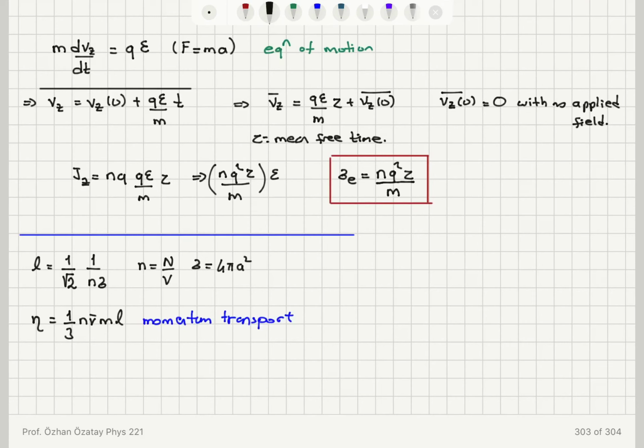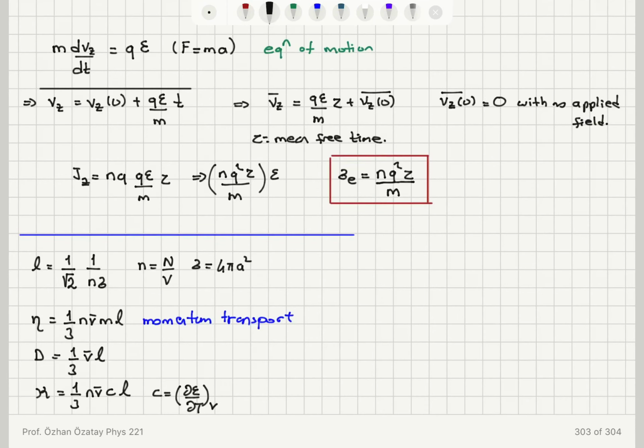And then we talked about the diffusion process. Diffusivity we found to be 1 over 3 v bar L. We talked about thermal conductivity, which we found to be 1 over 3 n v bar C L, where C is the derivative of epsilon with respect to temperature at constant volume.